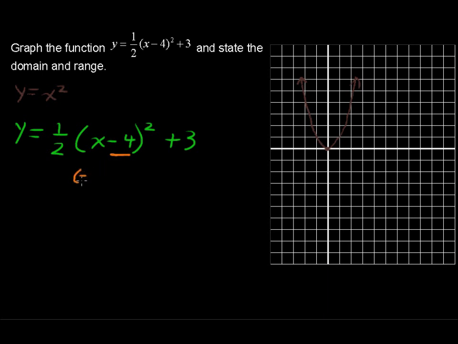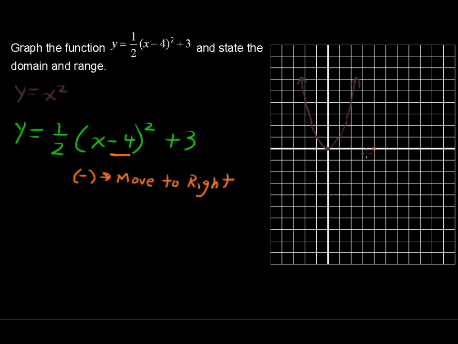So I'll just write a little key here. Negative, because we have a negative 4 there, that means move the vertex to the right. So I'm going to take this vertex and move it to the right 4 places.